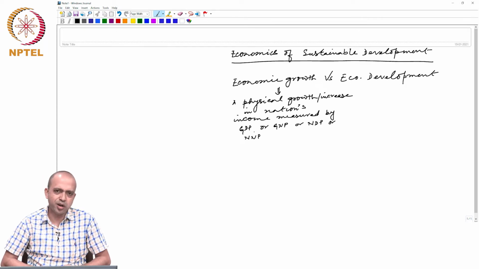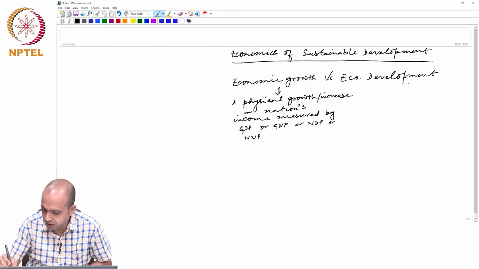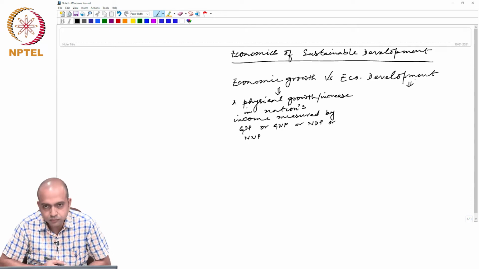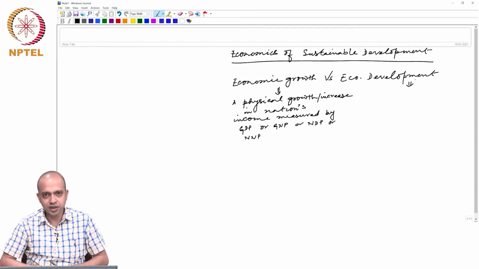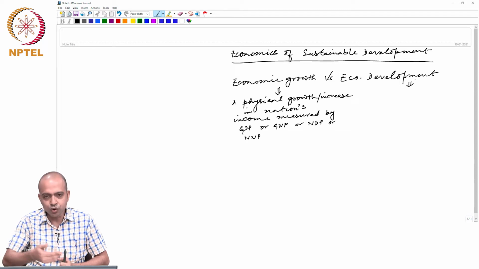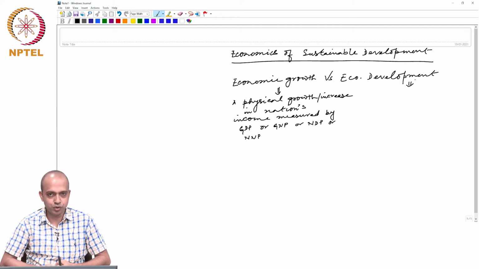But what about development? Development basically indicates whether this growth adds a qualitative dimension, right.